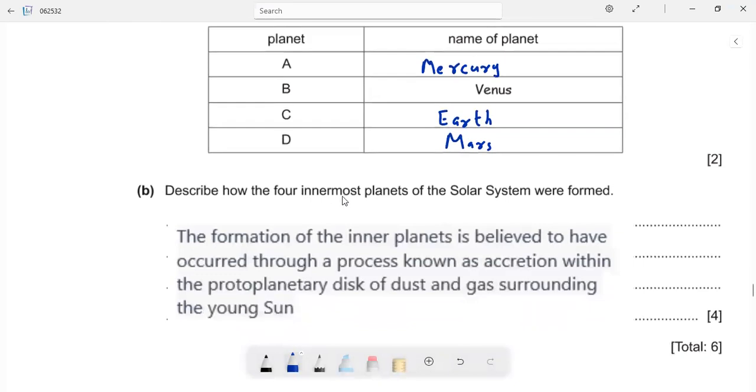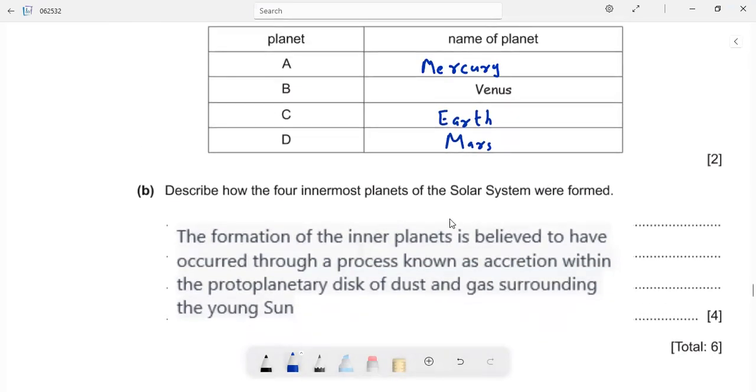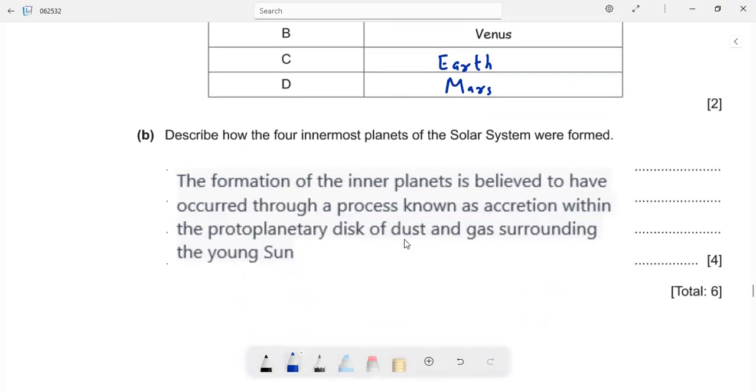Describe how the 4 innermost planets of the solar system were formed. They were formed by continuous collision of so much dust and gas particles containing different elements nearby the Sun. Through continuous rotation around the Sun, the continuous collisions led to the formation of the planetary core.